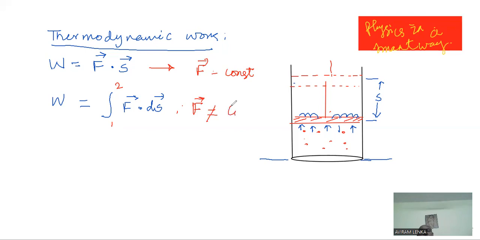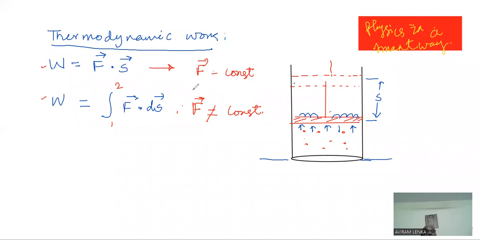If F is not constant, then we use the second formula, work equal to the integration of F dot ds. These are two different styles. They mean the same thing, but our situation is different. If the force is constant, we take F dot S. If the force is variable, then the integral formula.